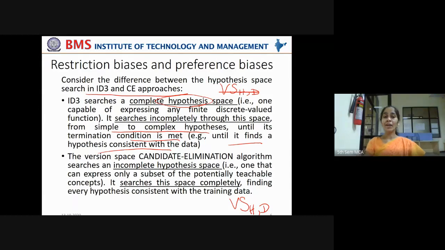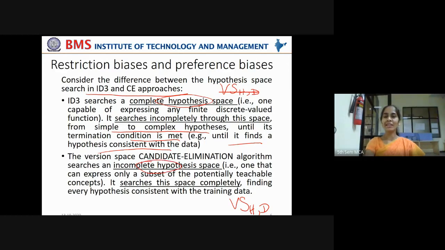Understood clearly? Now I am reading it once again. It is very nice to read. ID3 searches a complete hypothesis space, but it searches incompletely through this space. You understood now? Now let's go to the next point. In the candidate elimination algorithm, how does this searching happen? Let's see. The version space candidate elimination algorithm searches an incomplete hypothesis space.